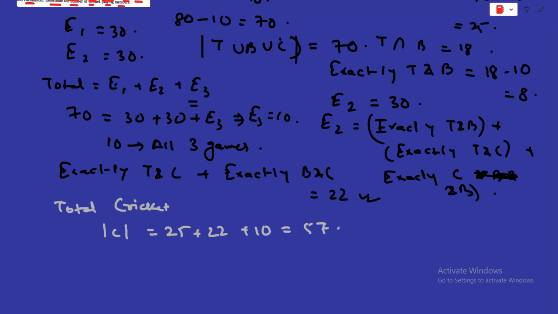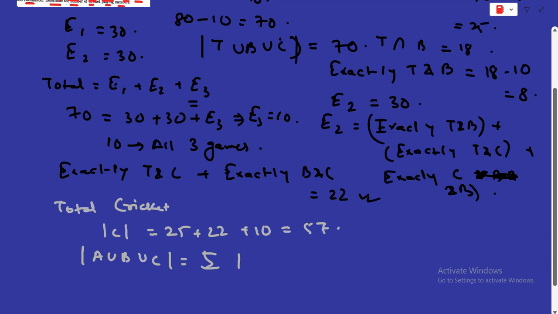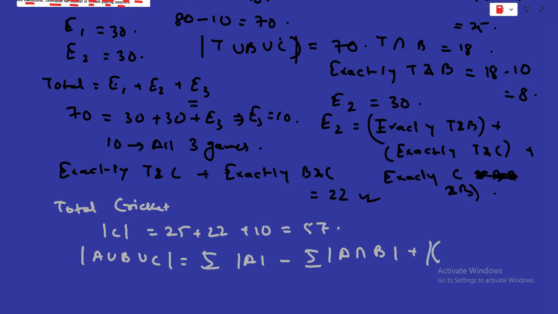Now why is this solution simple? Because we did not use the massive formula, that is A union B union C is summation of mod of A minus summation of A intersection B plus A intersection B intersection C, right?